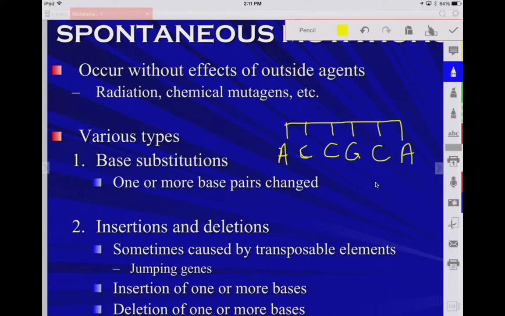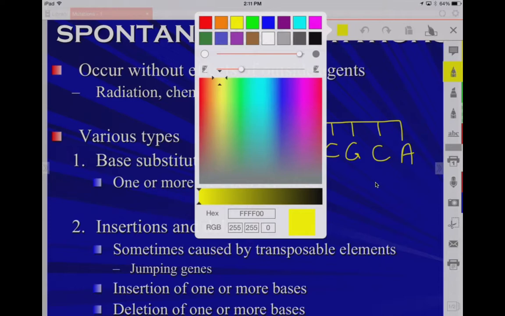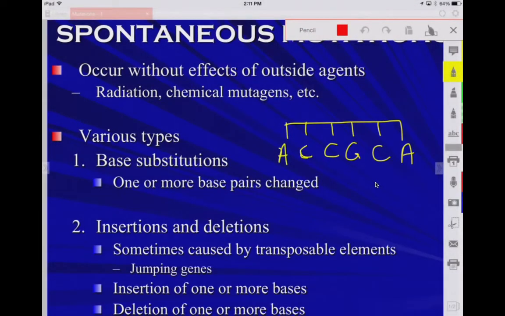If it turns out that you get a substitution, if one of these was changed, just a copying error, DNA polymerase messes up, if there was a change of one of these to something different, what would happen is when that DNA would get transcribed, now you would have a different transcription.